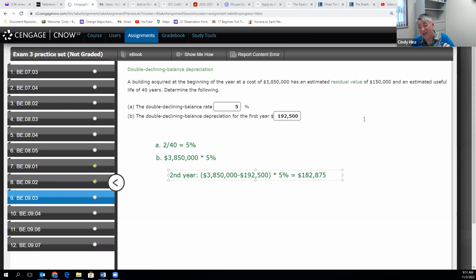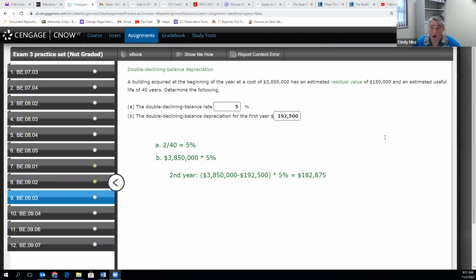How much is this going to cost us in expense on our income statement? And the reason I said cost us like that is because the expense is not a cash expense. No one's actually sending us a bill, but we're looking at how it affects our profitability. Depreciation doesn't affect cash flows at all. As we look at this building in this exercise, the cost is $3,850,000.